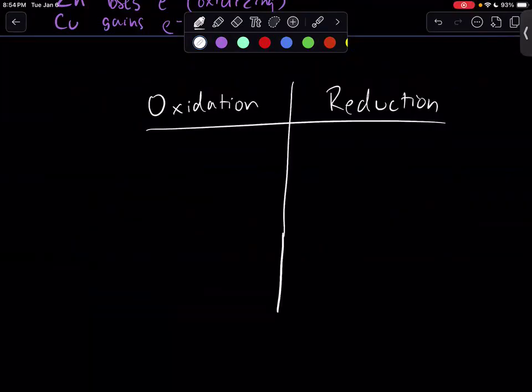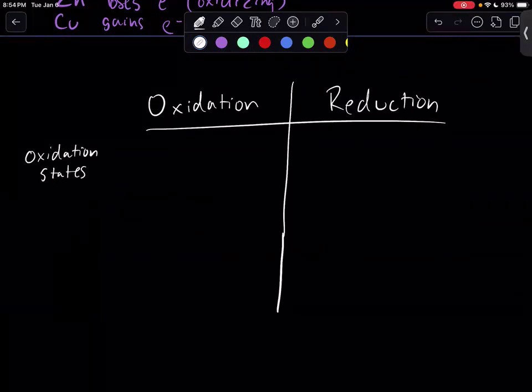So first, and honestly the easiest one, the one that appears in all of them, is we can look at oxidation states. If the oxidation state increases, well, it's being oxidized. If the oxidation state decreases, it's being reduced.